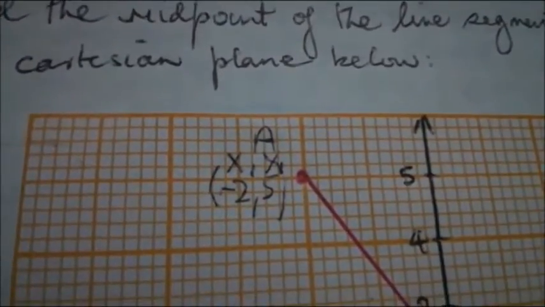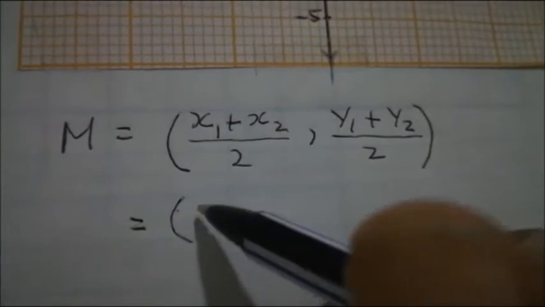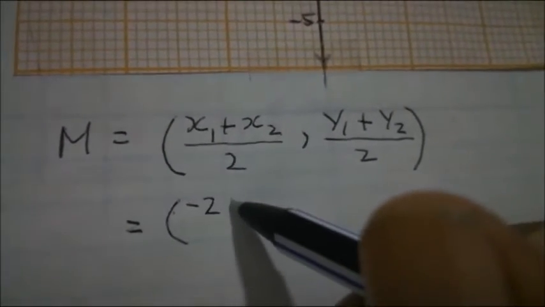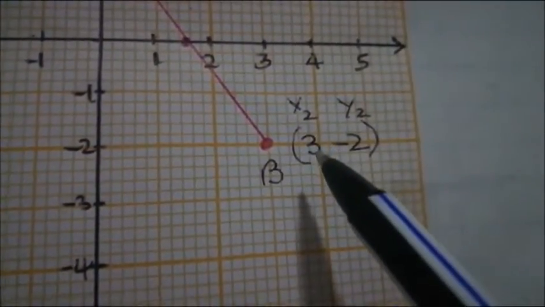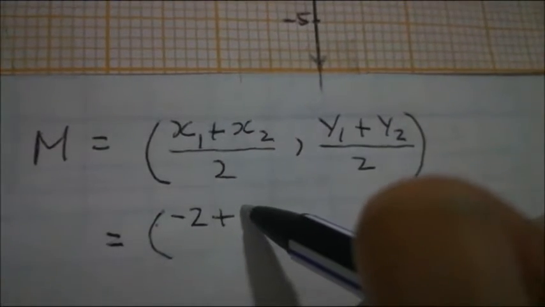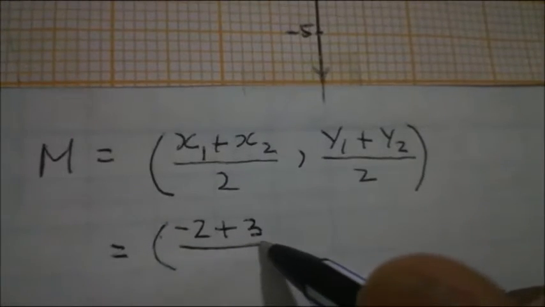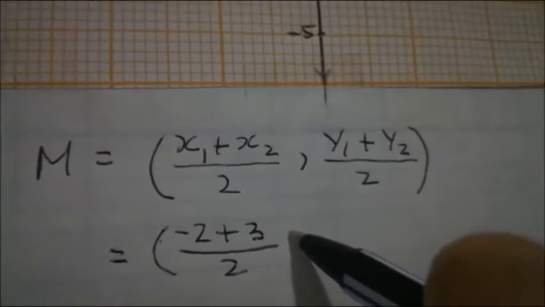So x sub 1 is going to be minus 2, and x sub 2 is going to be 3, over 2.